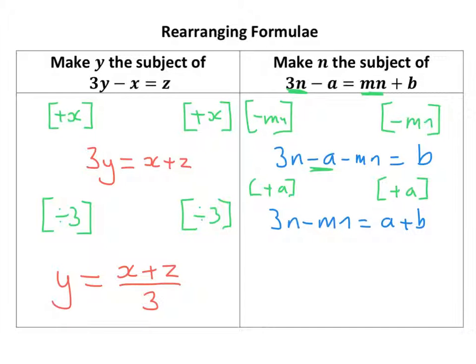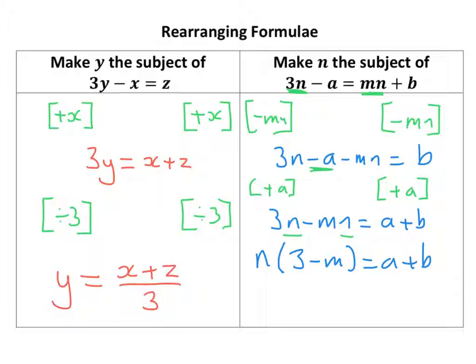Now 3n's minus mn's is a little bit tricky. So what I'm going to do is factorise. That means I'm going to take out a common factor, and because n appears in both bits, I can take out n as a factor because I just want one n left at the end. So there we go.